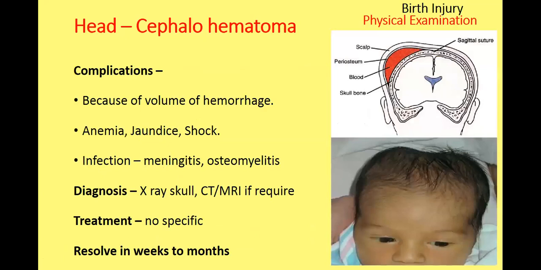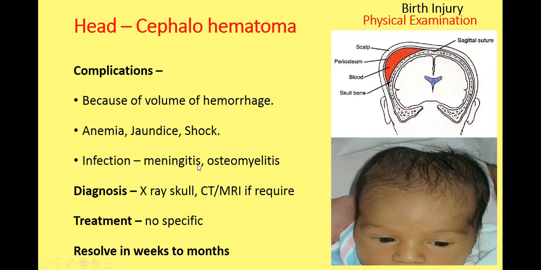What are the complications of cephalohematoma? Complications depend on the volume of blood loss. Complications related to hemorrhage: anemia, jaundice, early appearance of neonatal jaundice, or profuse bleeding that may cause hemorrhagic shock.